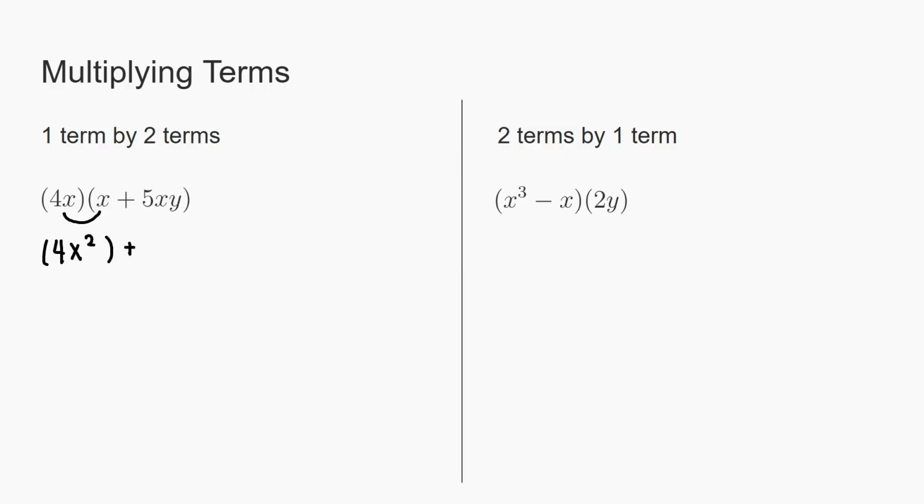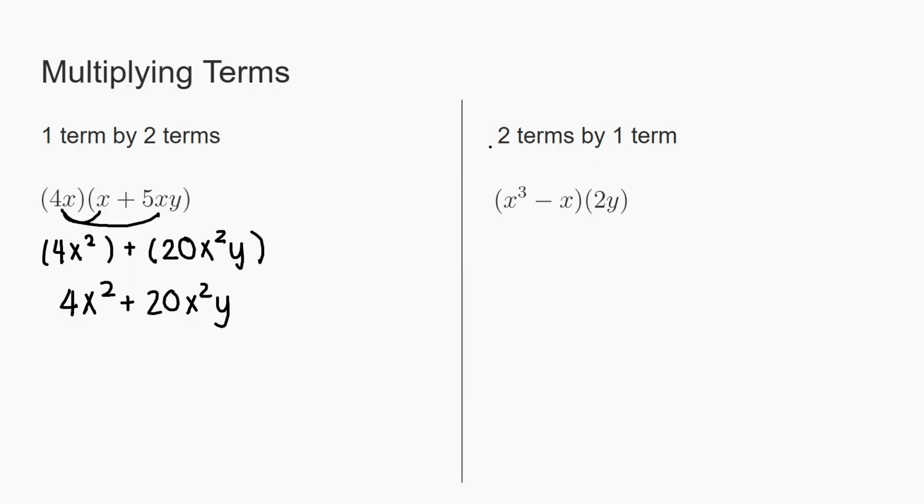And then we have 4x multiplied by 5xy. This gives us 20x squared y, because we multiply the constants together, and then we multiply the variables. 4x squared and 20x squared y cannot be simplified further, so this is our final answer.